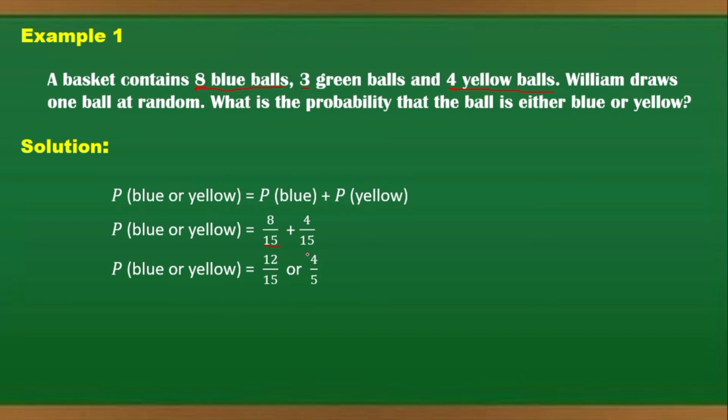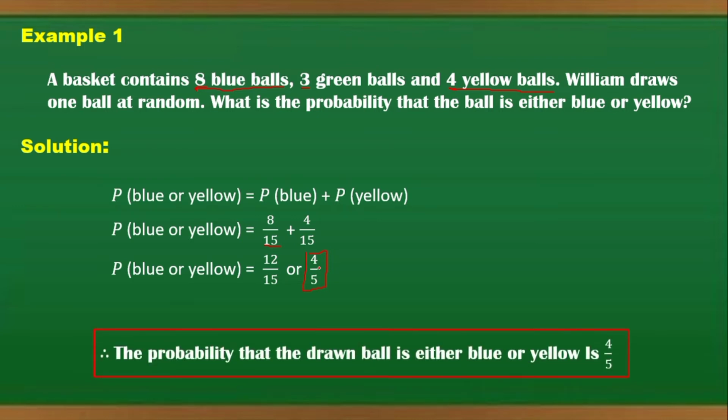We get 4 over 5 because 12 and 15 are both divisible by 3. 12 divided by 3 is 4 and 15 divided by 3 is 5. So we get a final answer of 4 over 5. Therefore, the probability that the drawn ball is either blue or yellow is 4 over 5.